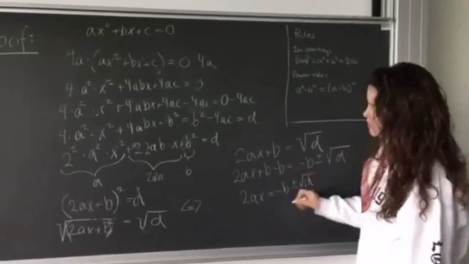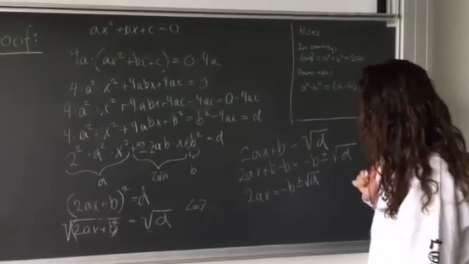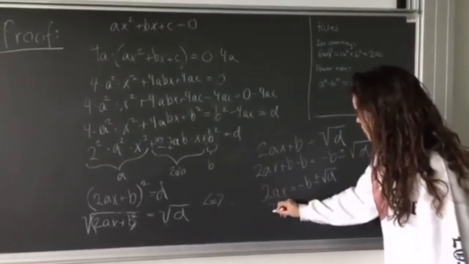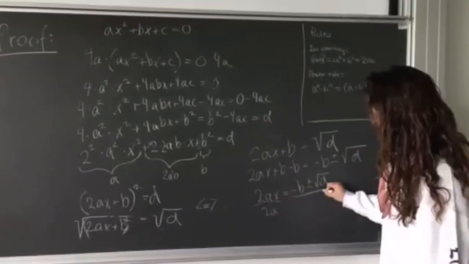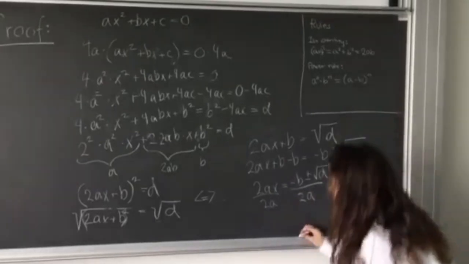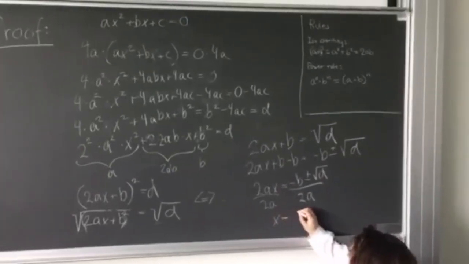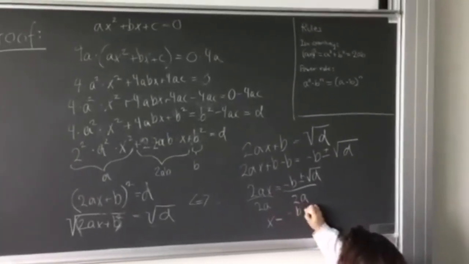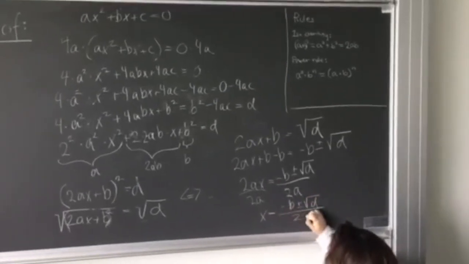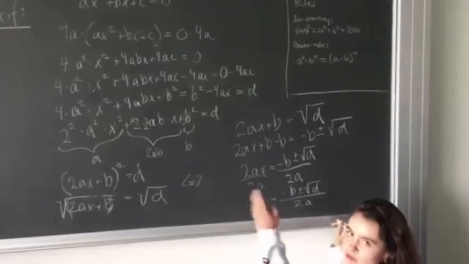And we're really close to getting our solution from our table over there. Now we'll just divide by 2a on both sides to isolate x, like so. And we can see from that that we are left with this, which is our solution formula from the other table.